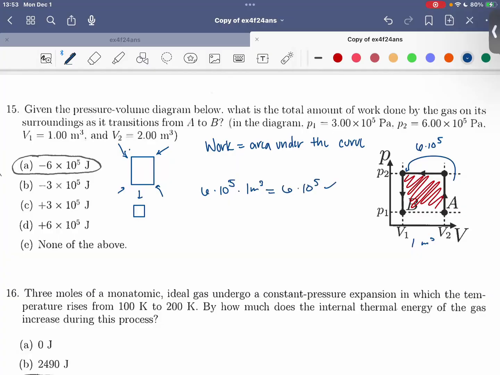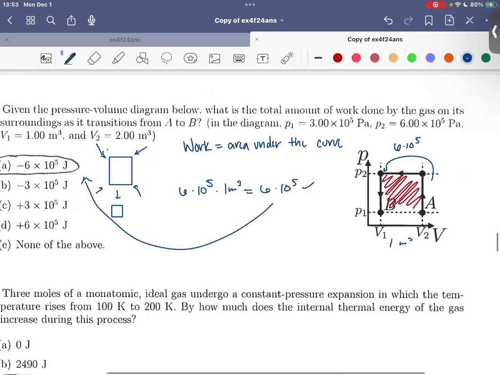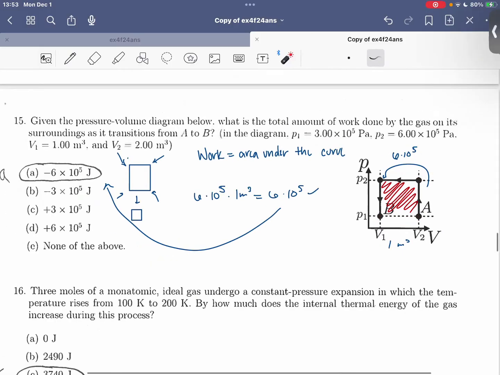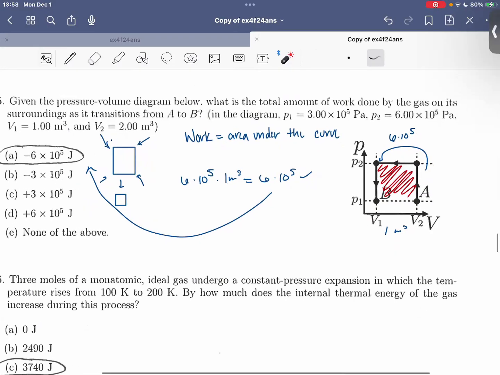Right? And that's your answer right there. The reason why you don't take pressure 1 is because it's not like there's no area under this pressure 1, right? So that's why you take pressure 2.